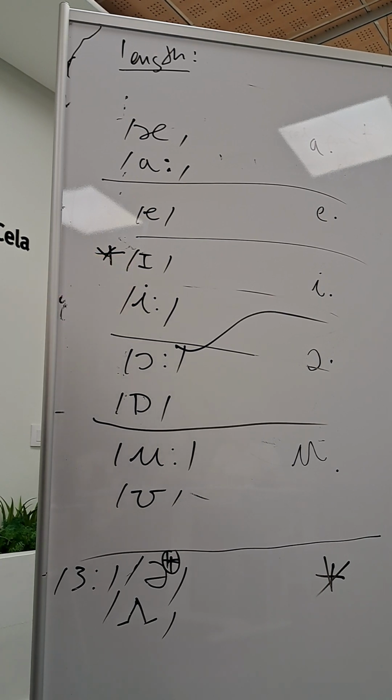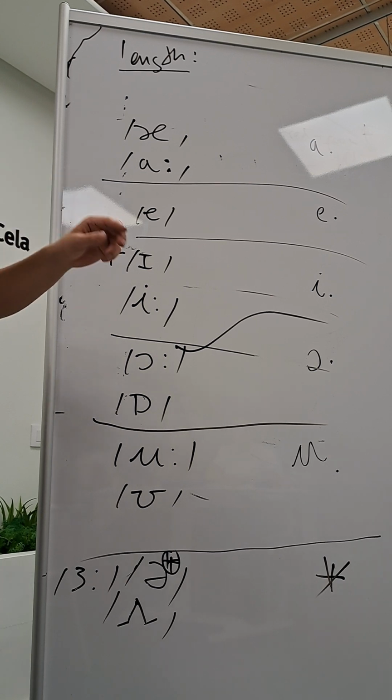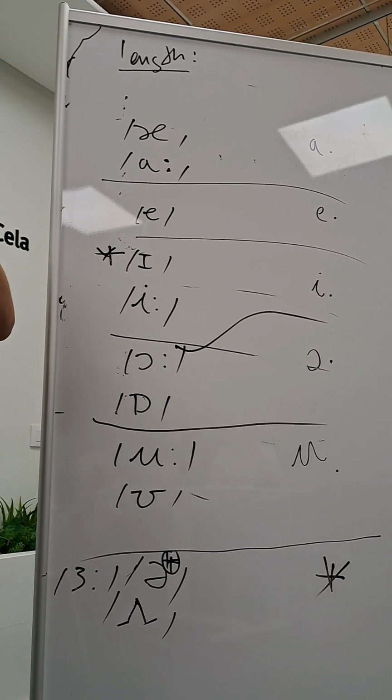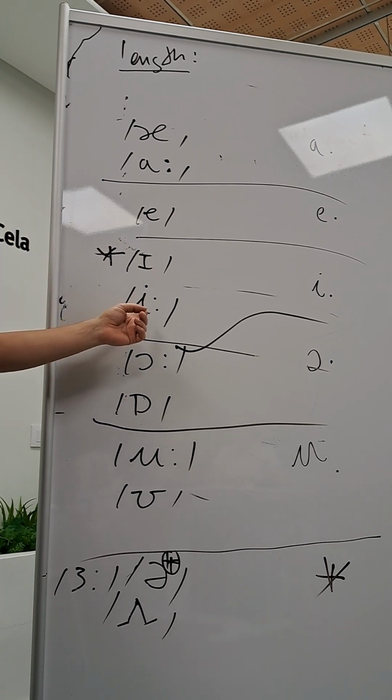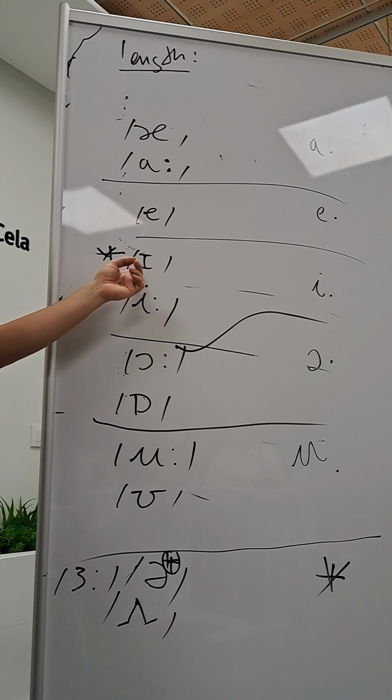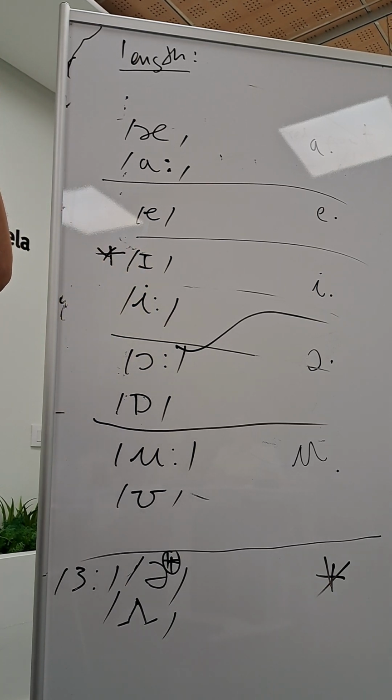Very short length. When it comes to the tongue, going up or down? A little bit up. It goes up, but not so much. There are many different degrees. When you say tree, it goes up. When you say fish, it goes up, but just a little bit.